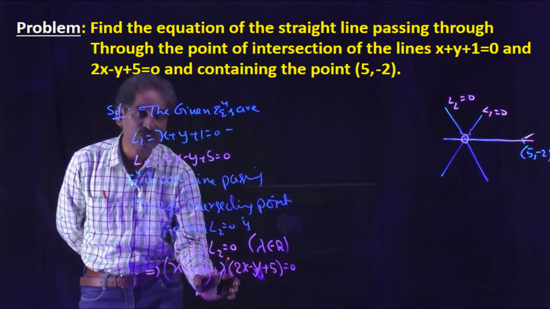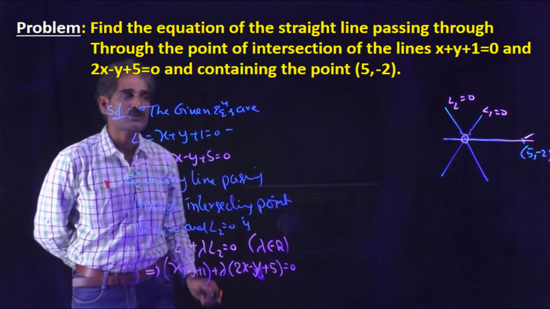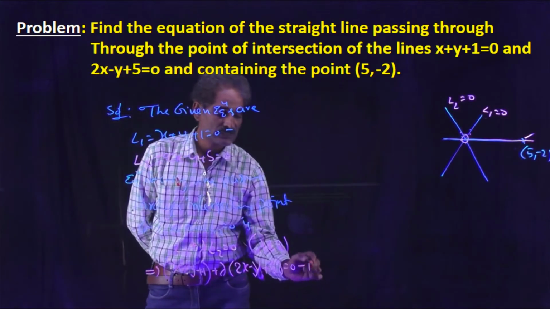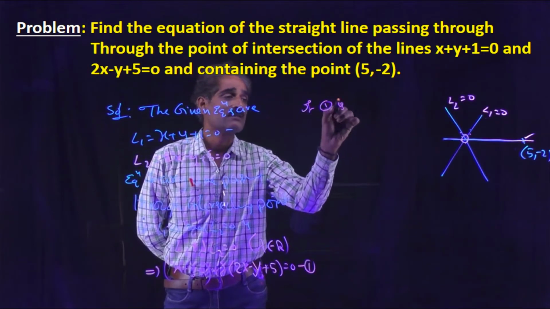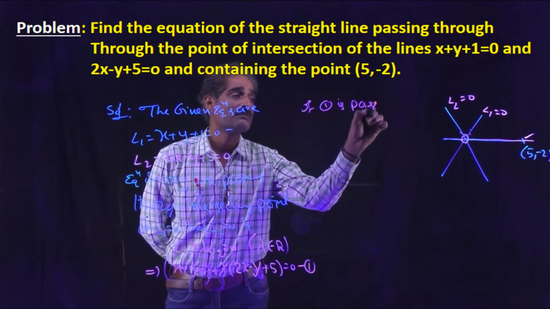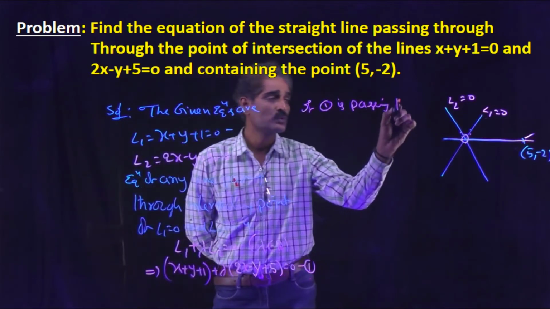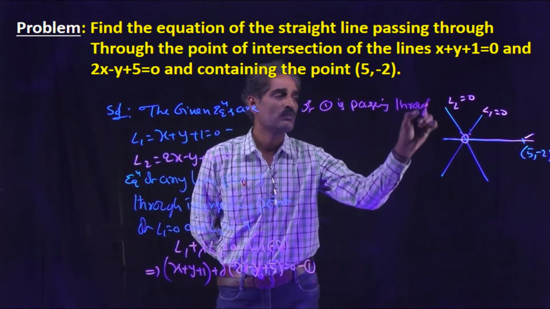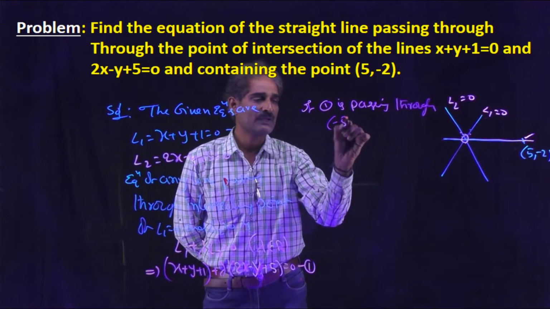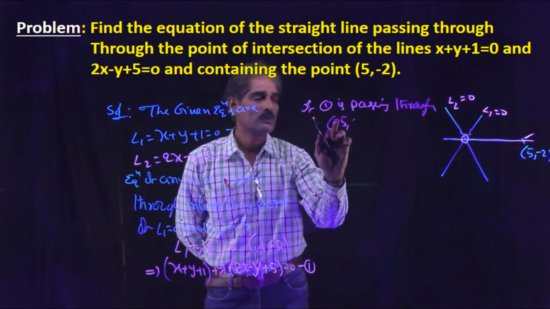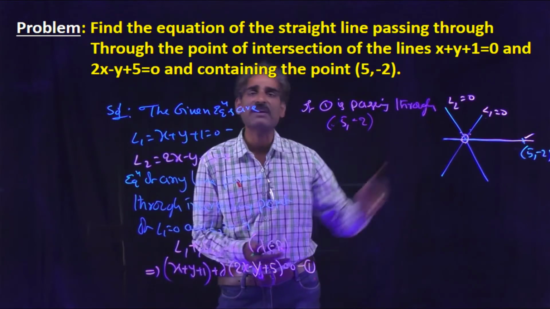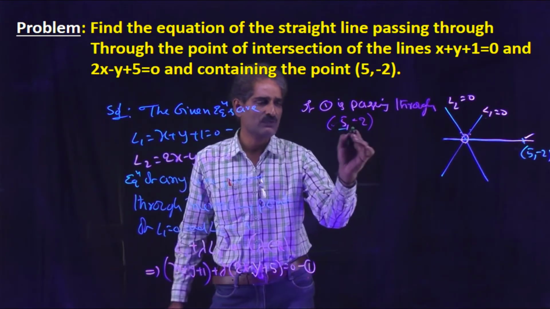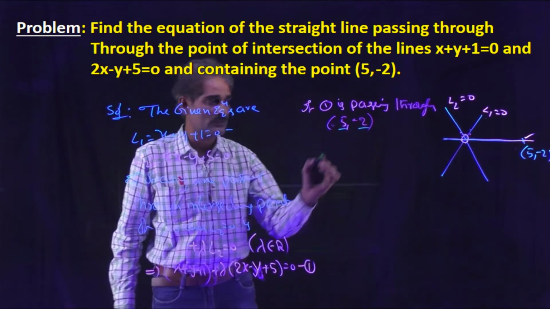Suppose it is passing through (5, -2), that means the line contains (5, -2). Substitute x equal to 5 and y equal to -2 in this equation.